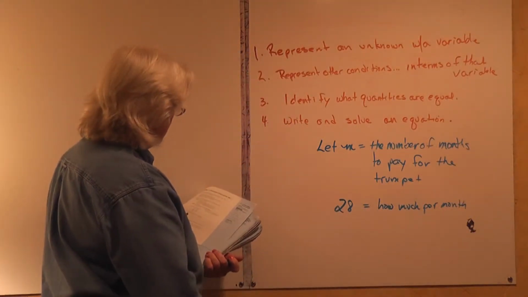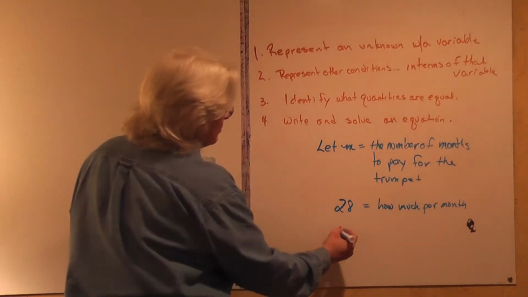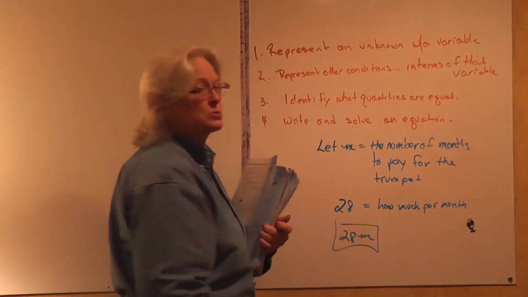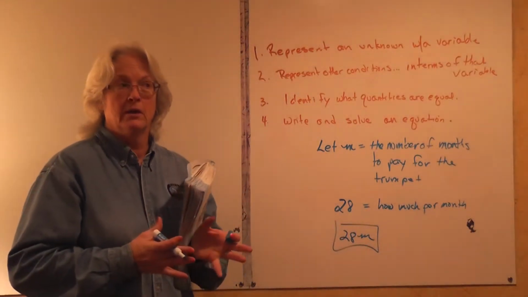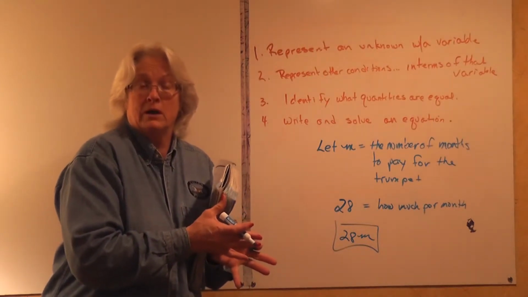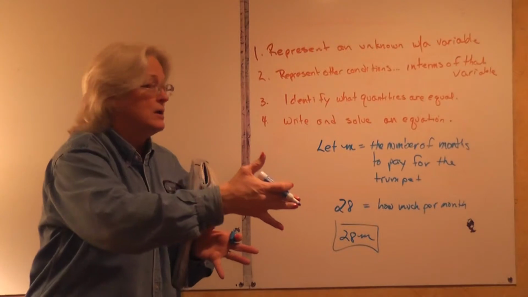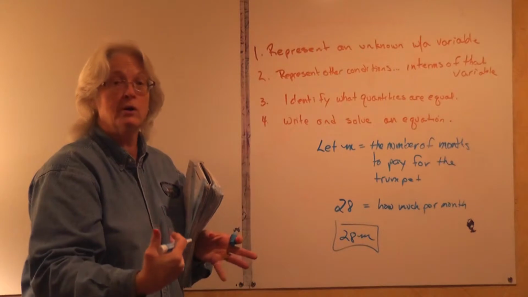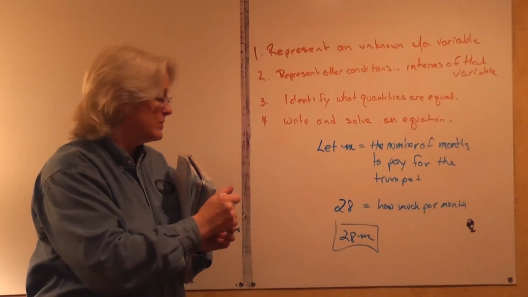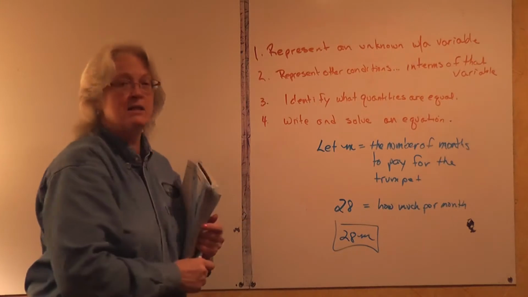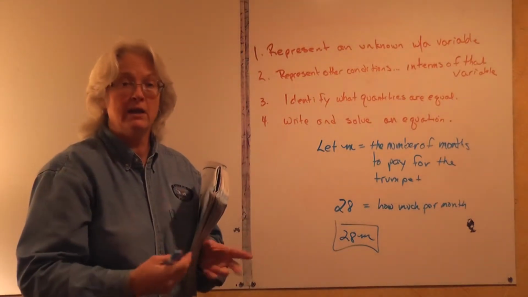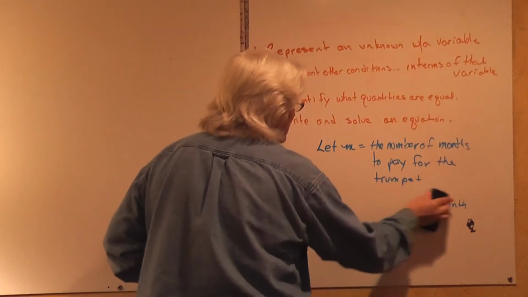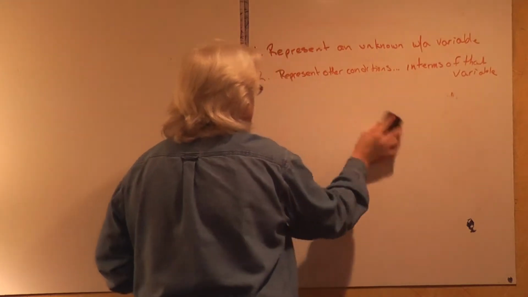What we want to do is take the amount of money that he's going to pay every month until it's paid, and have that be equal to how much he owes or equal to the total cost for that trumpet. So M is the number of months that he's going to pay, and 28M is the amount of money that he's going to pay until he pays off this trumpet.